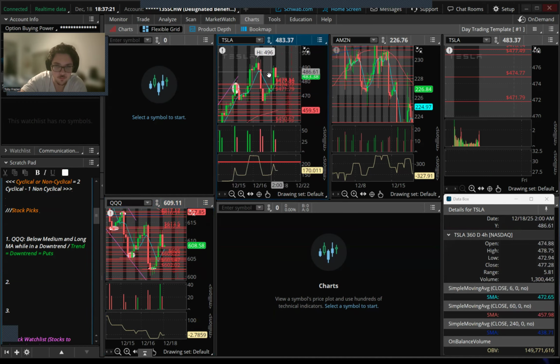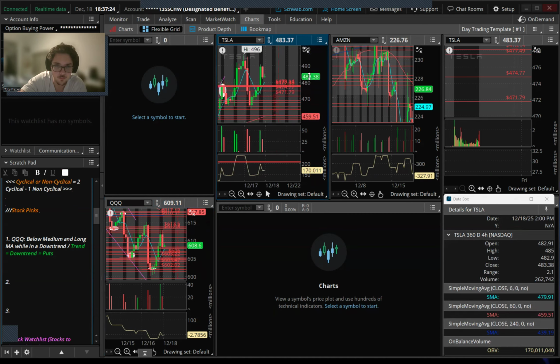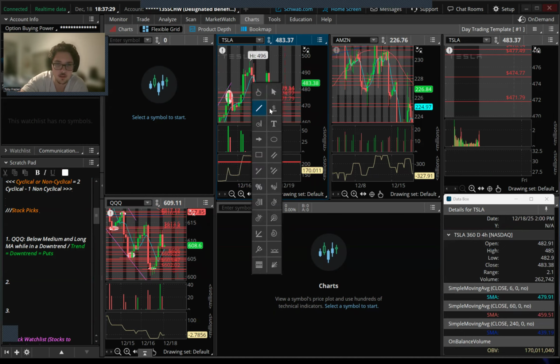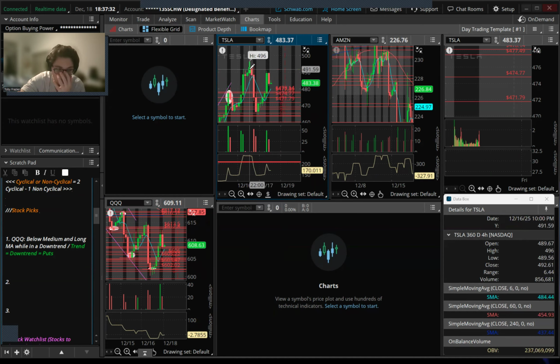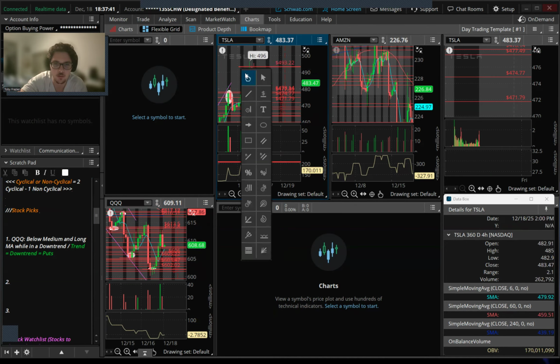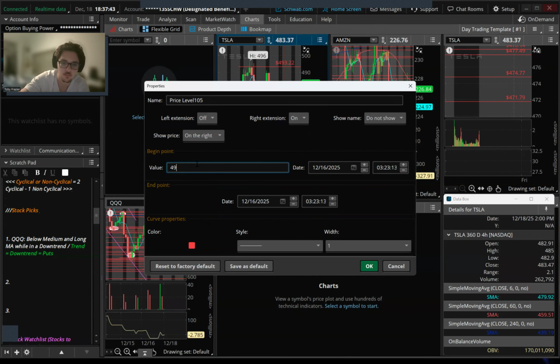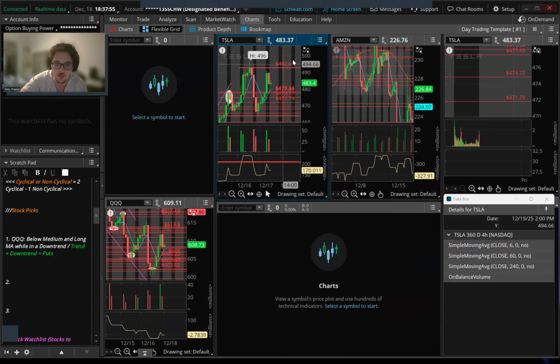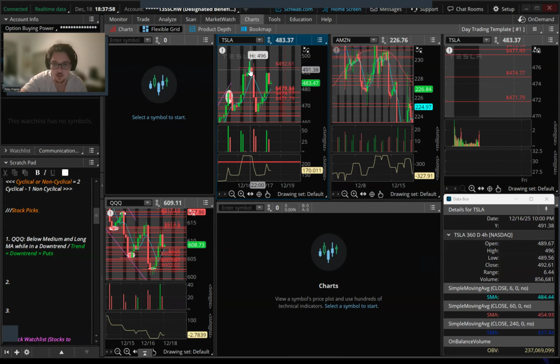Tesla looks like it might be forming a lower high here. Let's see. I close at 61 and then I open at 52. So 492.61. A close at 492.61. Close at 61 cents. Then I'll open at 52.